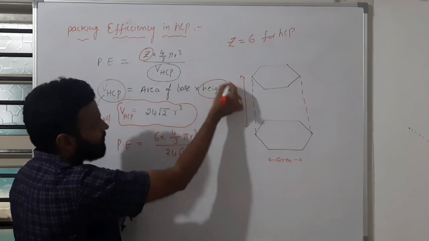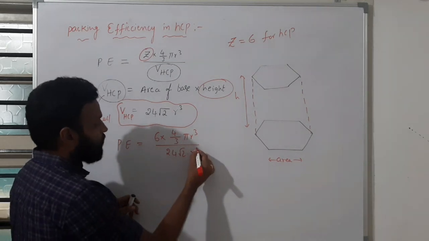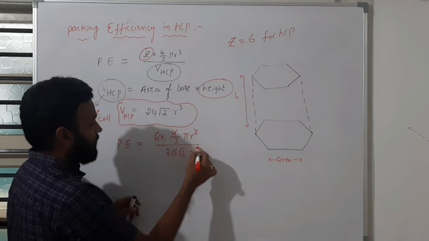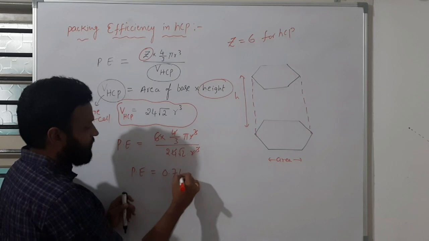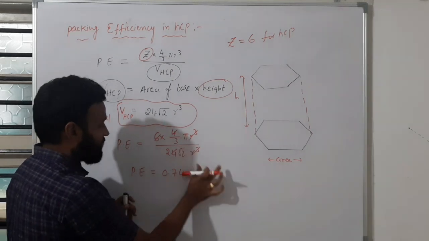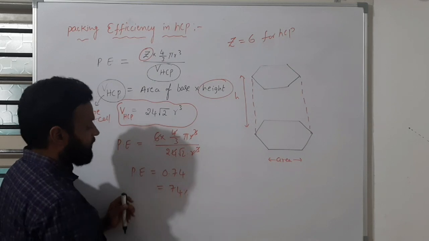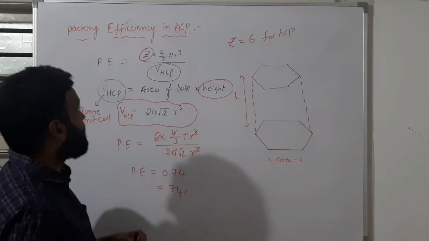A height formula also I will give you, so better to remember those. So 24 root 2 r cube. So here r cube cancels. Then packing efficiency, if you simplify, we get around 0.74 fraction, and that means percentage is 74 percent. This is the packing efficiency in HCP.